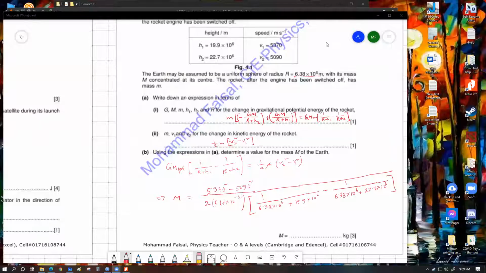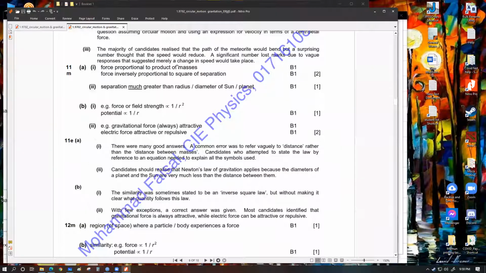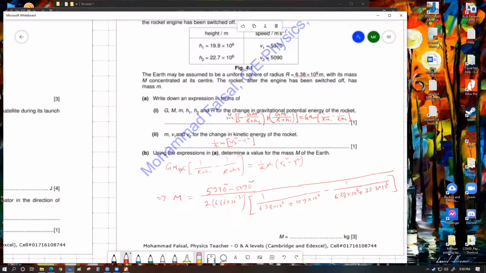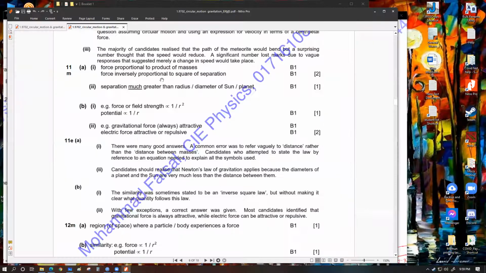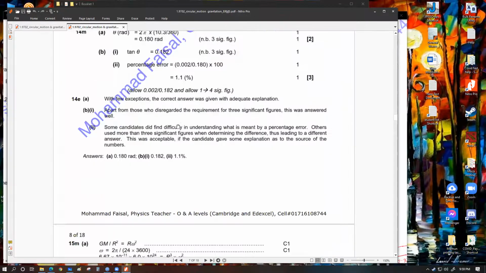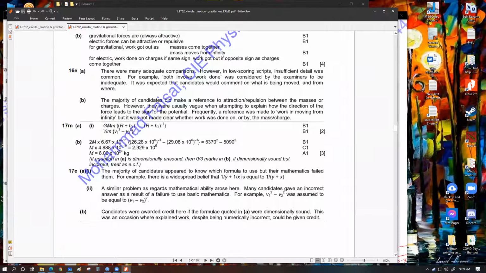Answer part 43. মিলছে? দাঁড়াও, কত নাম্বার ছিল এটা? এটা হচ্ছে 17। 6.00 10^24। এরকম আসছে?